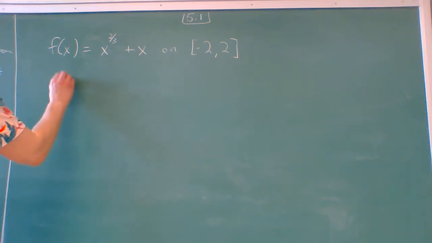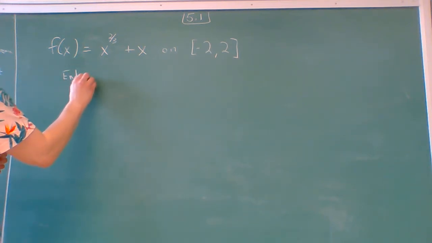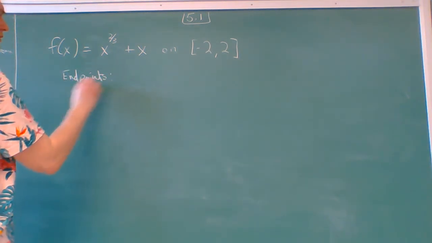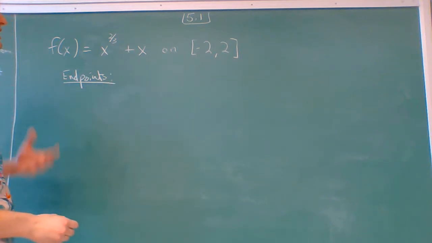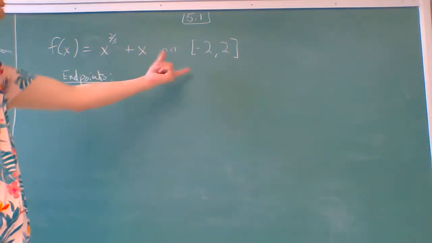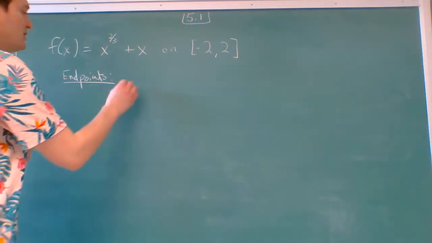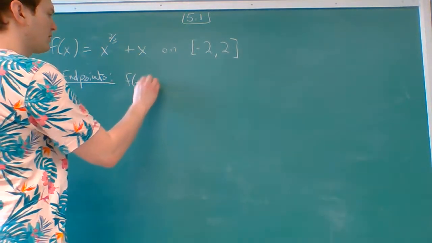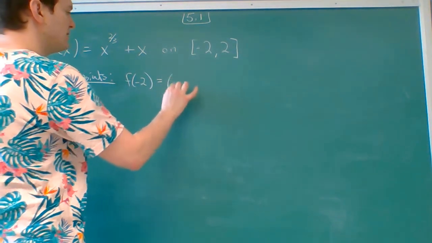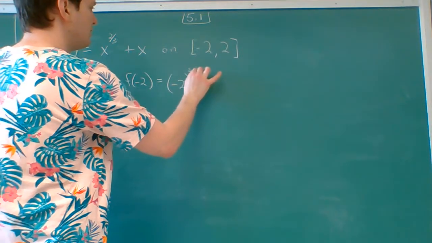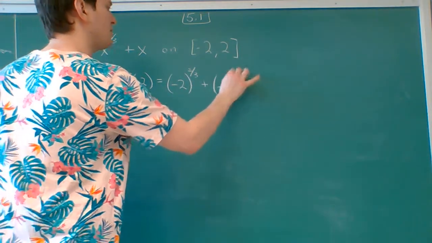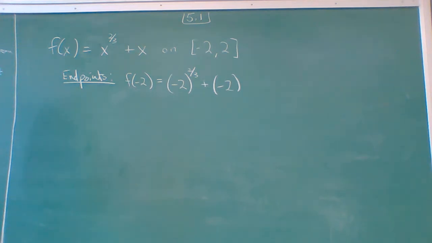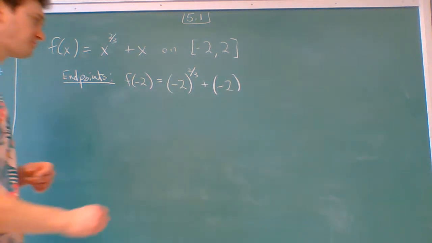So first, endpoints. All we have to do here is find the functional value, the y value, at these endpoints. So f of negative 2 is negative 2 to the 2/3 plus negative 2.